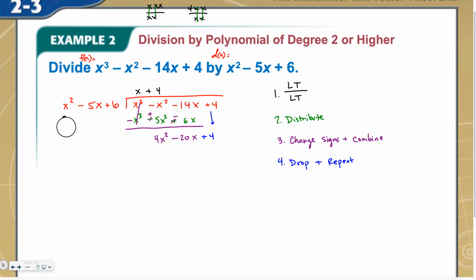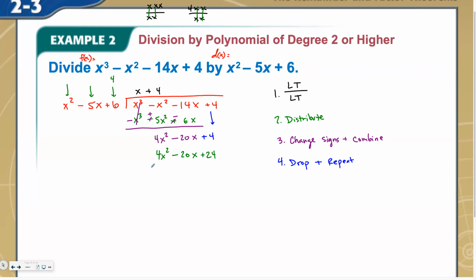Step 2. We need to distribute. So each term is going to get multiplied by 4. So here we go. What's 4 times x squared? 4x squared. Now I multiply 4 times negative 5x. Negative 20x. And finally, 4 times 6. 24. Fundamental rule of division.